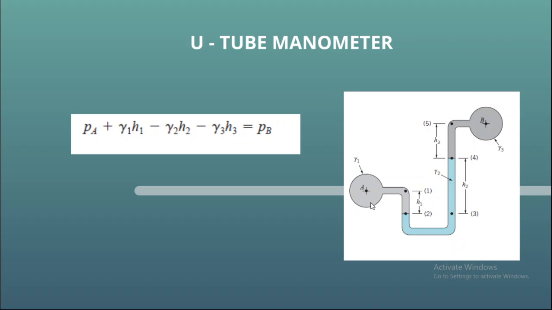Now the main difference comes in response to PA: the gauge fluid moves in the upward direction, due to the pressure at point A. So we subtract the specific weight of the gauge fluid multiplied by the height covered by the gauge fluid, and subtract as well the specific weight of the fluid at point B times the height covered by that part of the manometer, h3, which equals PB.